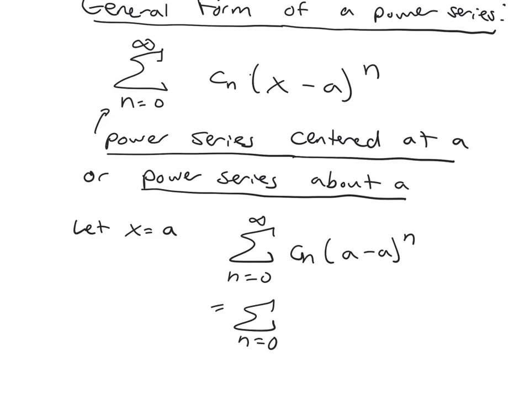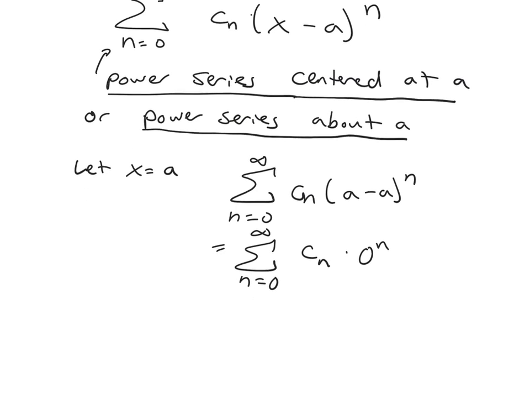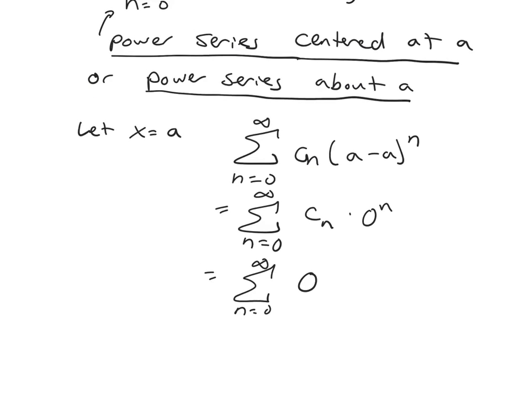So a minus a, that's just 0. What's 0 to a power? It's just 0, right? There is one caveat. I'm saying 0 to the 0 is also 0, which is not necessarily true, but that's the convention that we're going to take here. So it looks like I'm summing up 0. And I want to know, does this series converge or diverge?